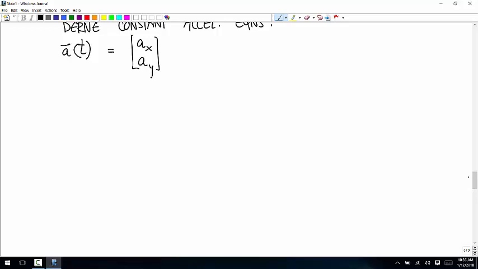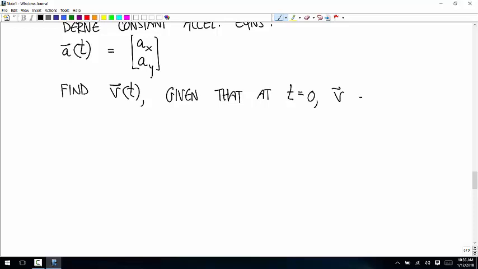And then from there, you integrate to find the velocity as a function of time. Given that at time equals 0, the velocity vector is equal to (v0x, v0y), or whatever you want to call that initial velocity.